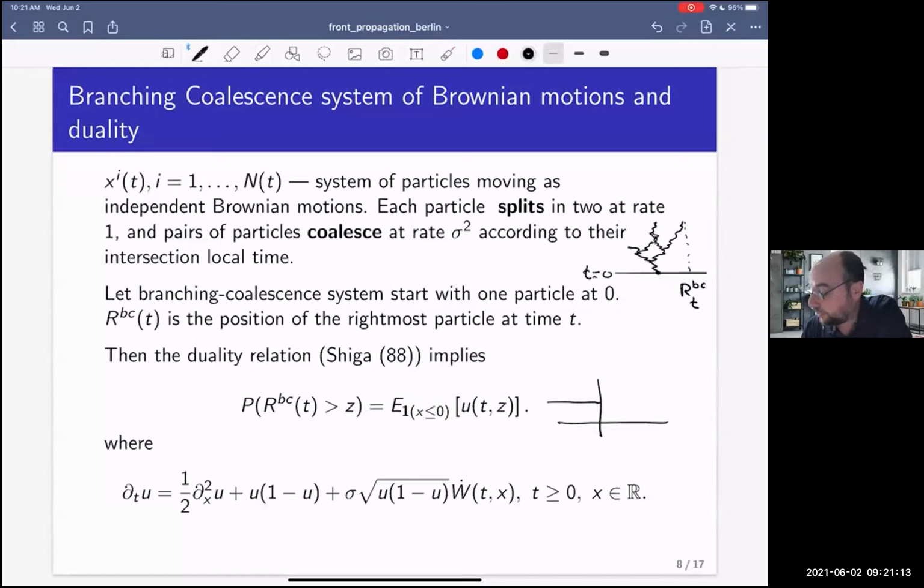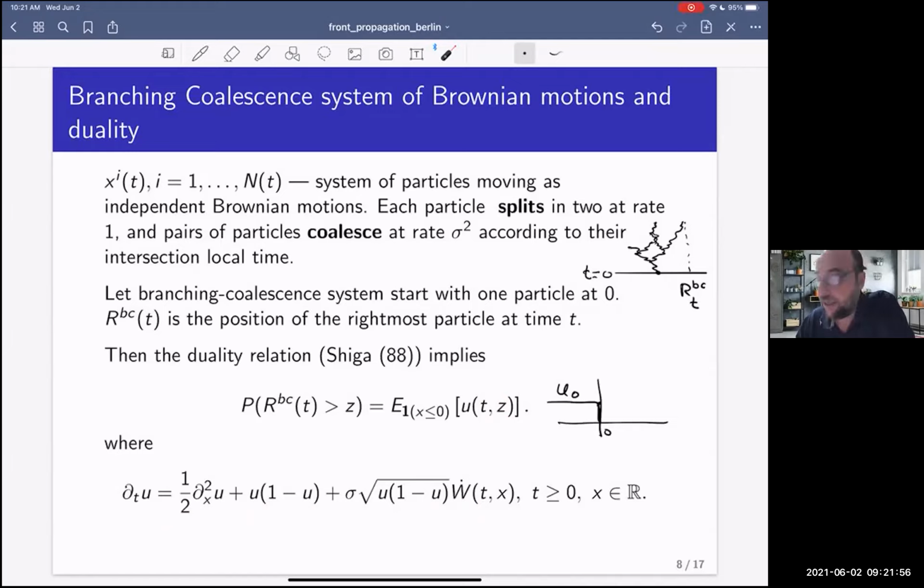So this is the initial condition for our equation, and we ask for the expected value of this solution at time t at point z, and this gives this probability, this duality. This duality relation allows us to get information on the speed of propagation of the rightmost particle in this branching coalescence system from the speed of propagation of the front of the solution to this stochastic KPP equation.